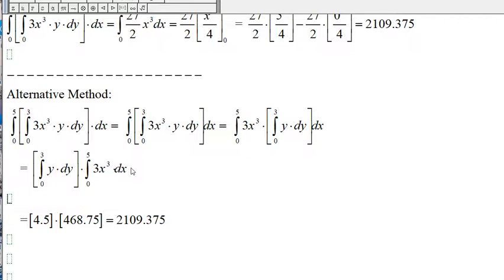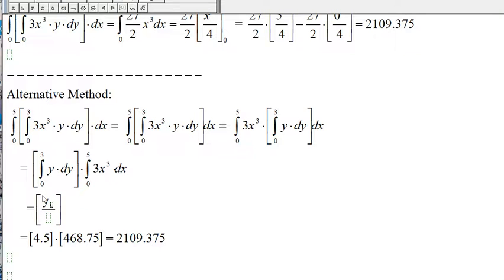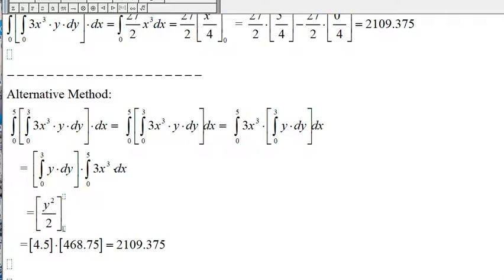And now we evaluate this integral, the outside integral. Then this would be y squared over 2, and evaluating from 0 to 3.